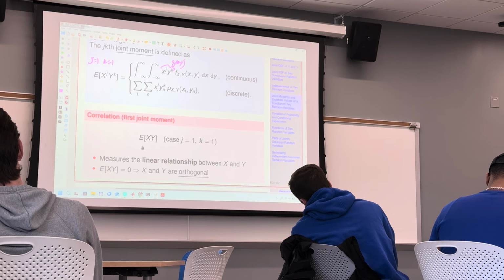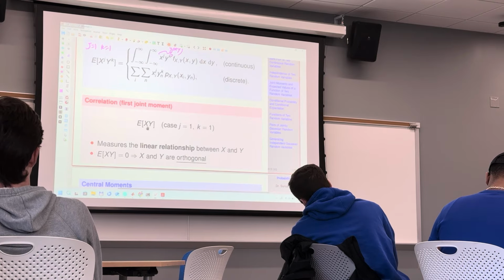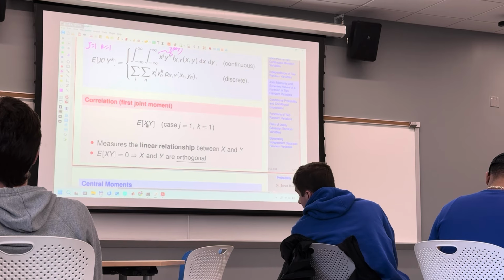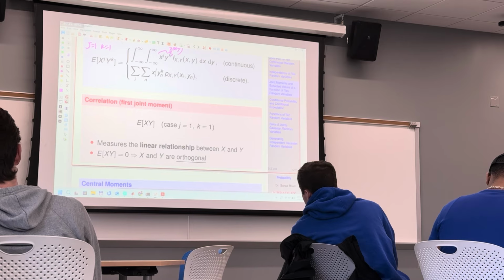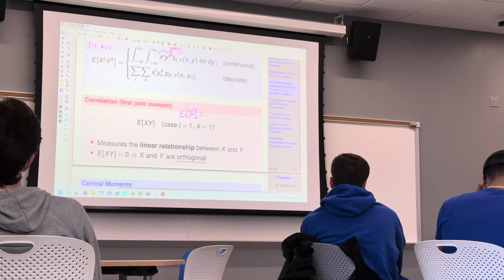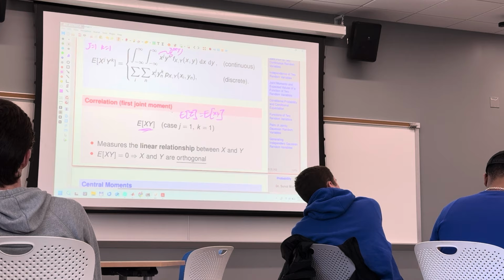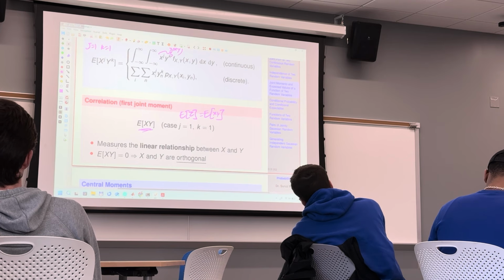Correlation is the expectation of the random variable z, which is the expectation of z equals xy, and it is also called the first joint moment. This correlation measures the linear relationship between x and y.